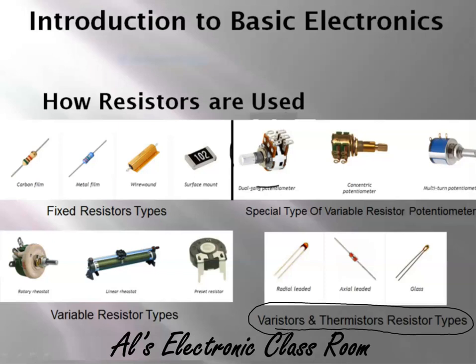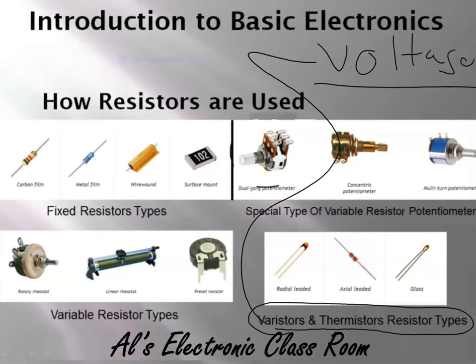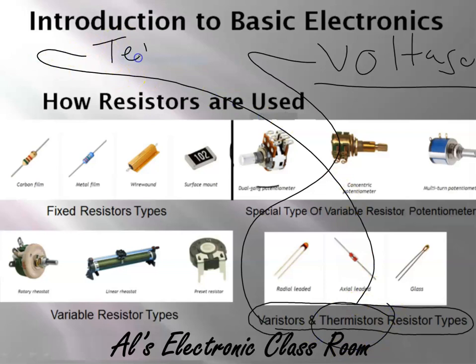But a varistor right here is a voltage-dependent resistor, where a thermistor right here is temperature sensitive. So in a varistor, when I have a voltage across it, the resistance will change, and when I'm using a thermistor, depending upon the temperature or the environment that it's in, the resistance will change.